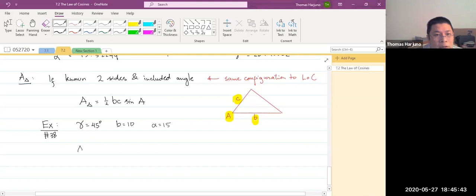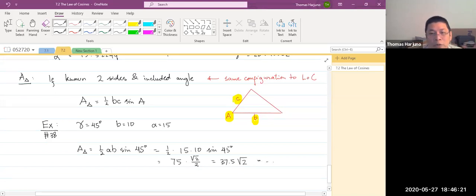So the area of the triangle is 1/2 AB sine 45 degrees. That is 75 times radical 2 over 2. That's 37.5 square root of 2. That's the exact solution there. If you want to make it into decimals, then you use your calculator further.